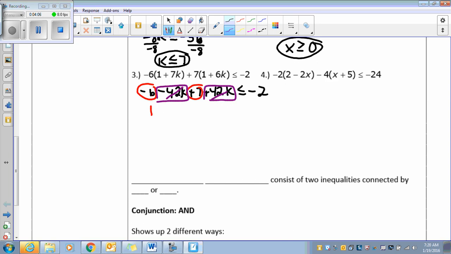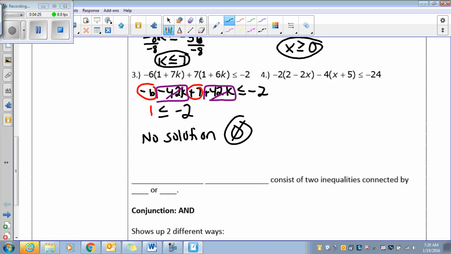So we have 1 is less than or equal to negative 2. Now, because 1 is not less than or equal to negative 2, 1 is not a solution. There is no solution to this inequality. So we are going to write that.